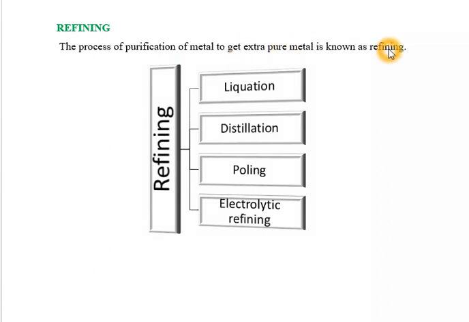As we already know, the metal obtained from reduction contains some impurity, and to remove that impurity you have to do the process of refining. There are mostly 4 processes involved in refining. We will see them one by one.